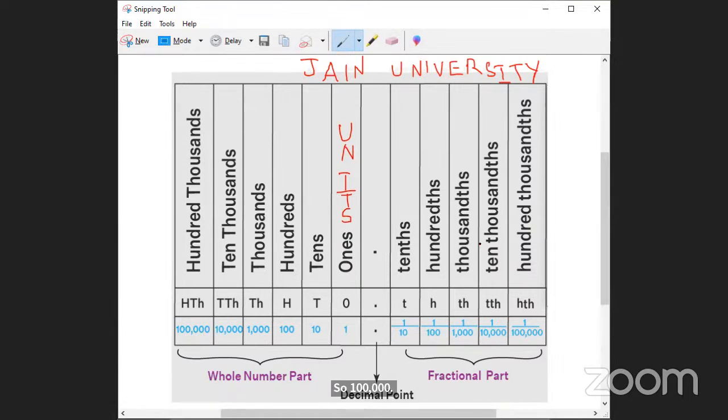So that is just units, tens, hundreds, thousands. But here it starts with tenths, hundredths, thousandths, ten-thousandths, hundred-thousandths. Are you getting it?